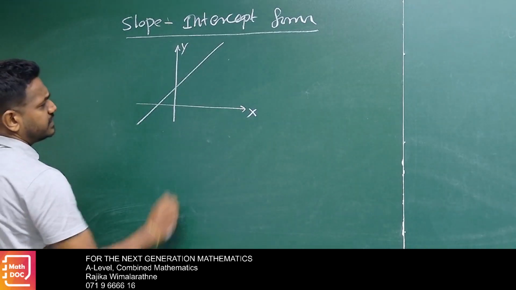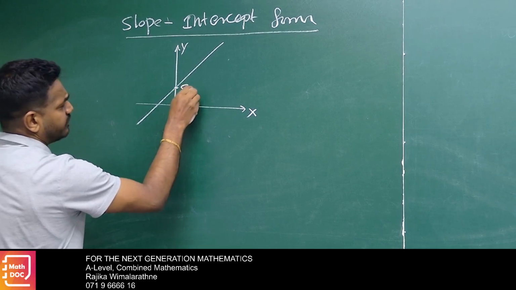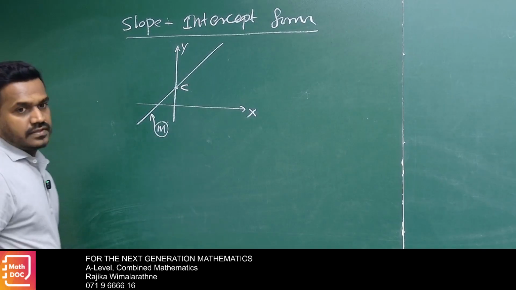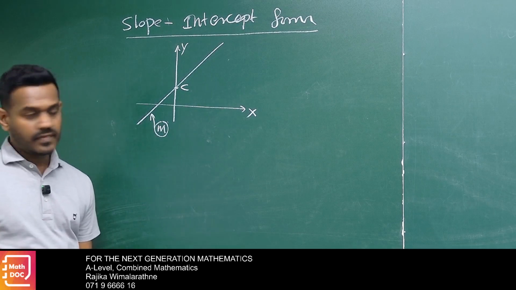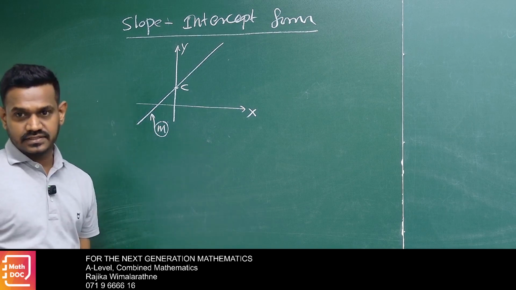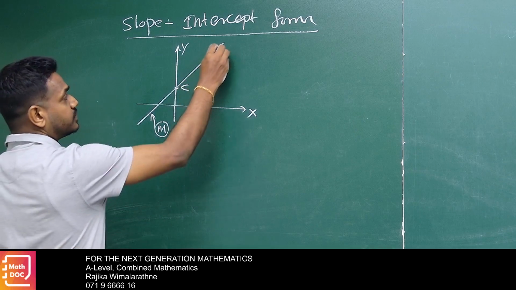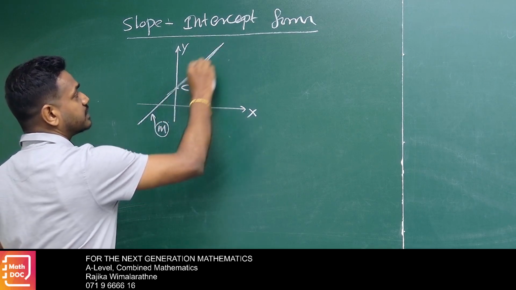Here when you consider this, intercept will be given and gradient will be given. Slope given means gradient given. I'm going to find this equation. Okay. Now when finding equation, I told you, here point varies now. Locus means the tracing path.